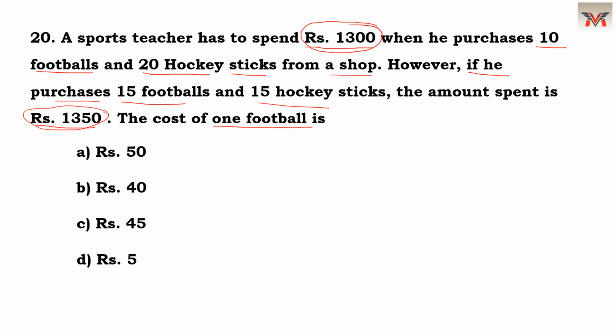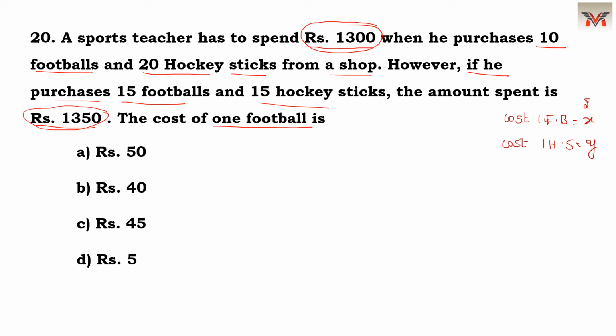So here, what they have given, 10 footballs. So I will take the cost for one football equal to x, and the cost for one hockey stick equal to rupees y. Okay, these are all in rupees.